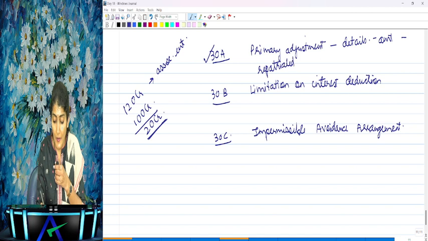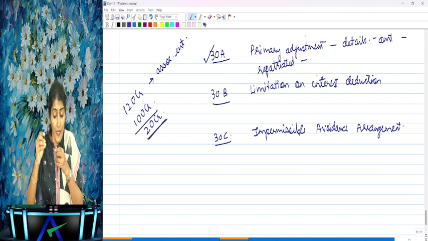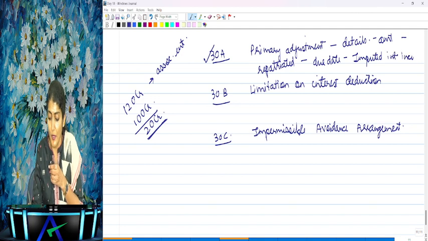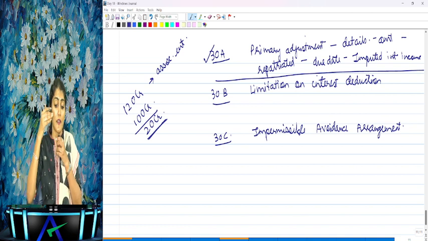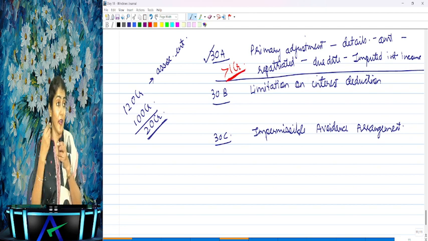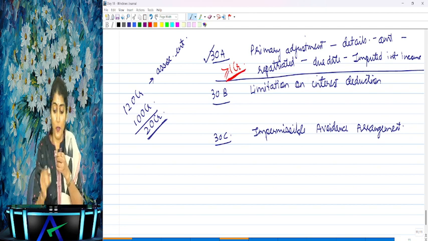Whether it has been repatriated to India within the due date, and if not, then the imputed interest income on the same. And this primary adjustment is applicable only when the adjustment is of 1 crore and above.